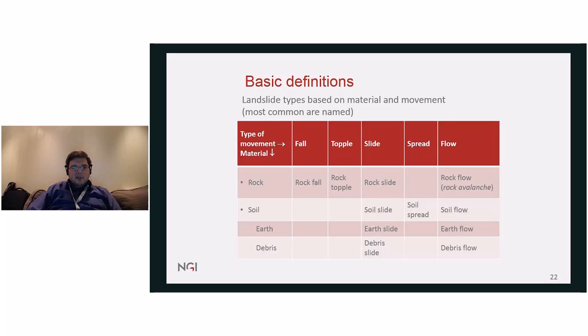Then, based on that convention, landslides are, in the most simple form, classified based on the type of movement and the material. So when we combine type of movement and material, we get the basic types of landslides. For example, rock fall, rock topples, rock slides, debris flow, and so on.